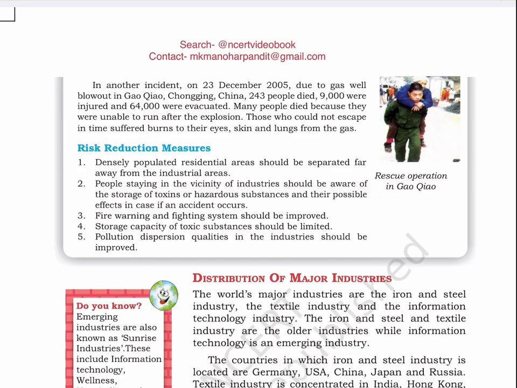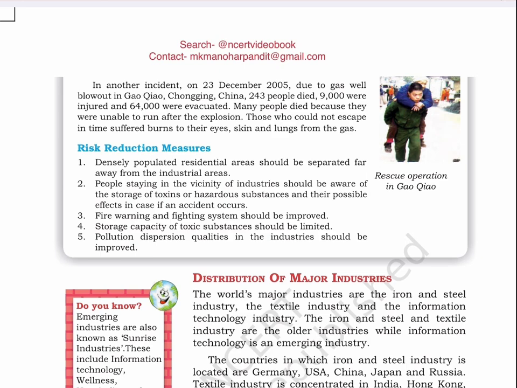Risk reduction measures. Number 1. Densely populated residential areas should be separated far away from the industrial areas. Number 2. People staying in the vicinity of industries should be aware of the storage of toxins or hazardous substances and their possible effects in case if an accident occurs.